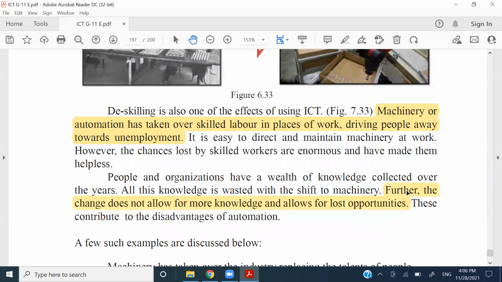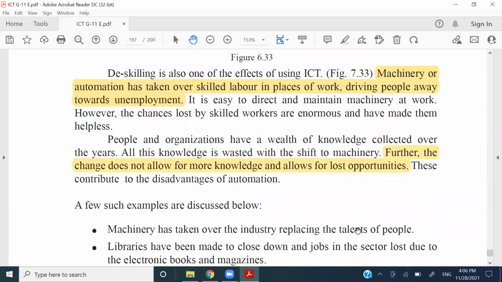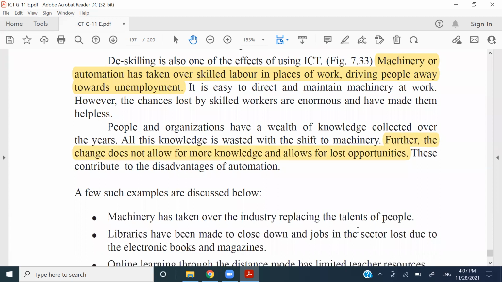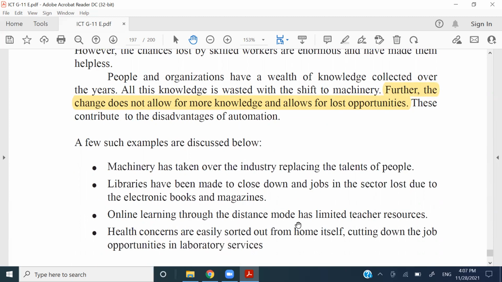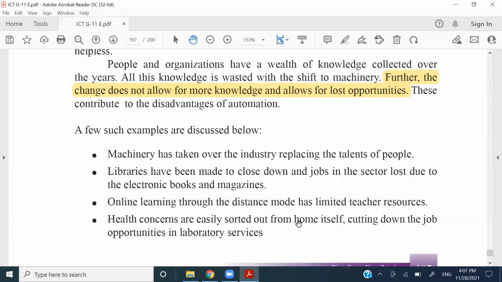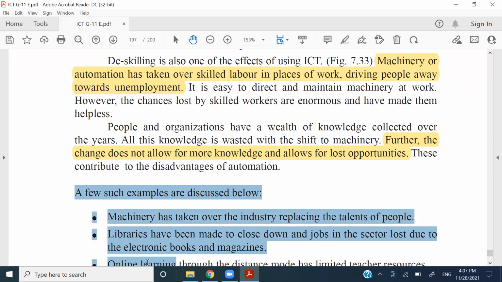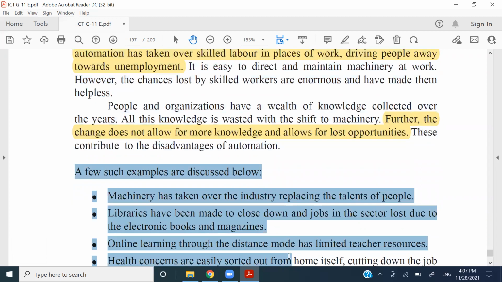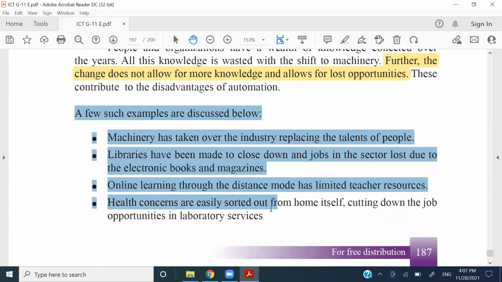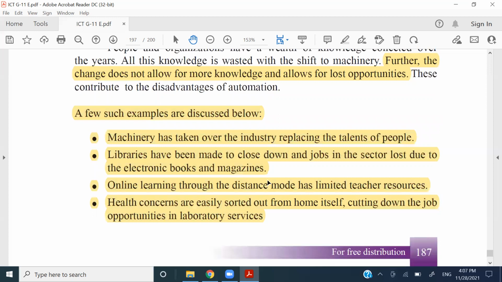Have this line as well, people. Yeah, plus the examples. There are 4 examples. So you better write this down.